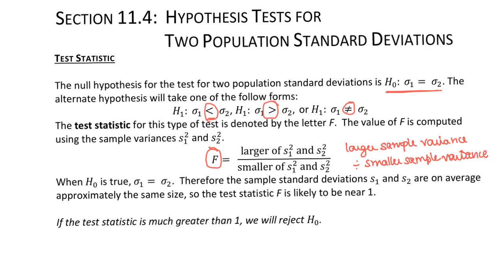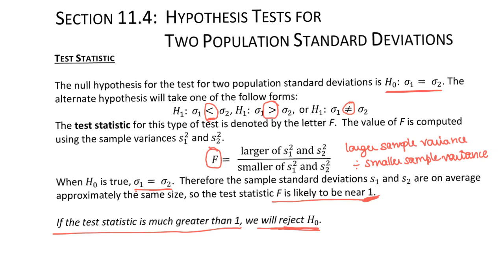When the null hypothesis is true, sigma 1 equals sigma 2, so the sample standard deviations S1 and S2 will also be of similar size. Then the test statistic will be close to 1. So if the test statistic is much greater than 1, we will reject the null hypothesis.